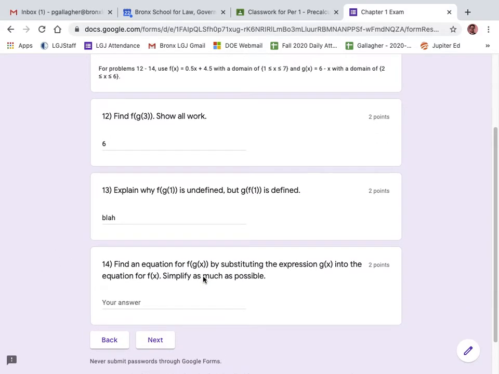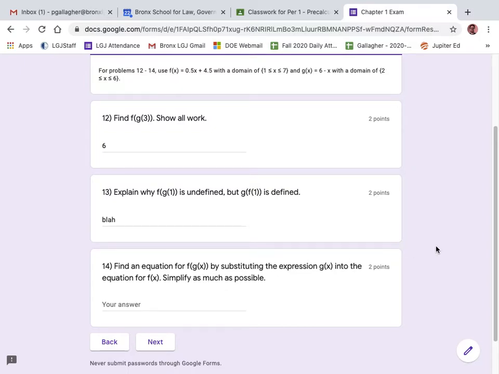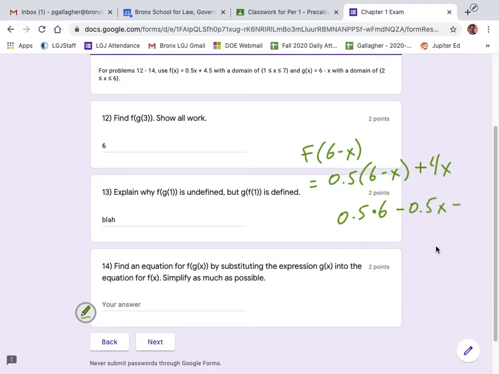Now, find an equation by substituting the expression g of x into the equation for f of x. Well, let's do it. So f of g, so 6 minus x, is going to equal, just replacing every x with the expression for g. It's going to be 0.5 times 6 minus 0.5x.